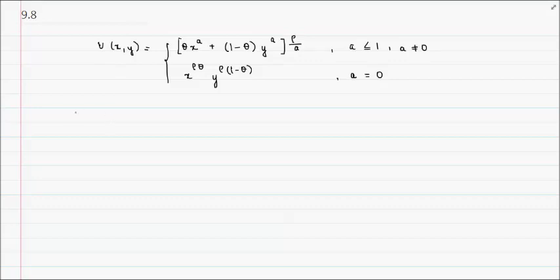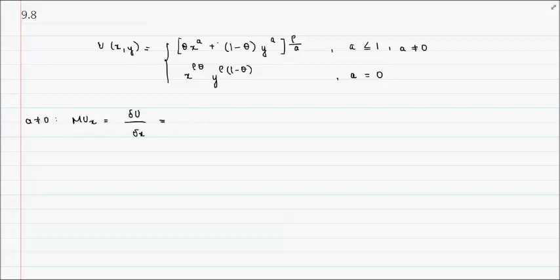The marginal utility of x is just the differential of the utility function with respect to x. I'm differentiating the first utility function first, for the case where a is different from 0. Both of these are when a is smaller or equal to 1.